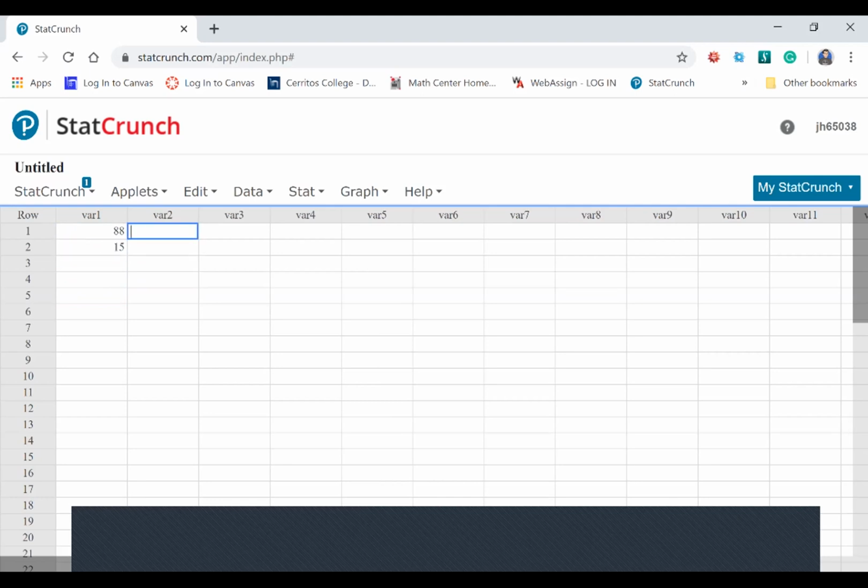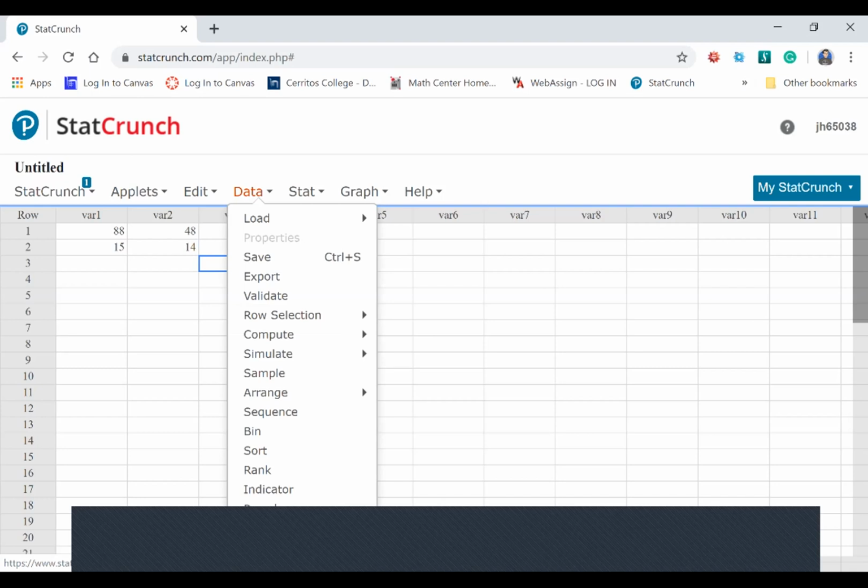For the echinacea, it was 48 and 14. And for the other echinacea, it was 42 and 10. Okay, so let's look at what we have here.